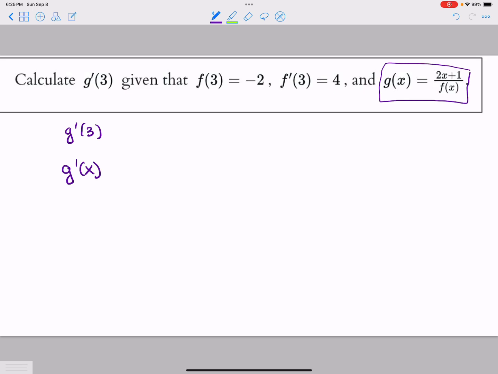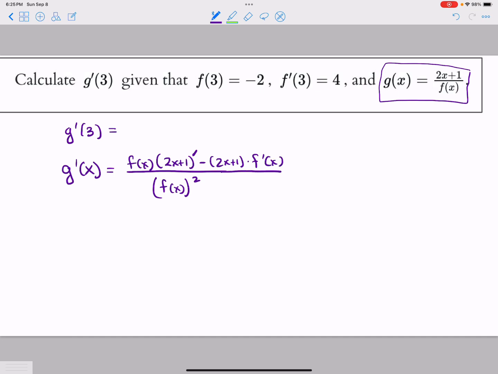It's a quotient, so the derivative is denominator squared, denominator, times the derivative of the numerator, I'm just going to put 2x plus 1 prime, minus the numerator, times the derivative of the denominator.